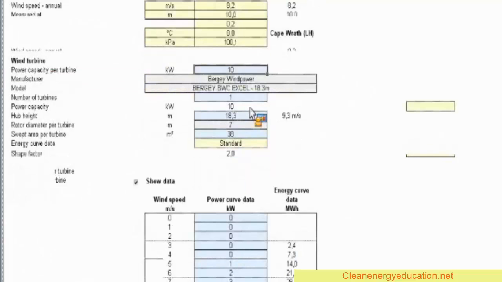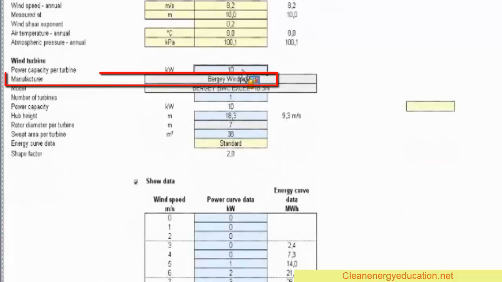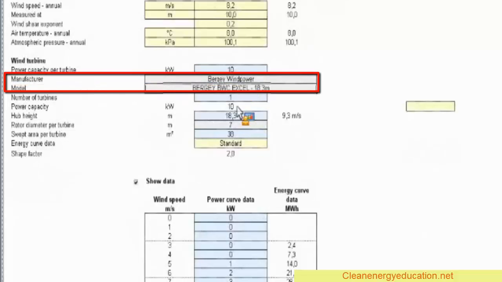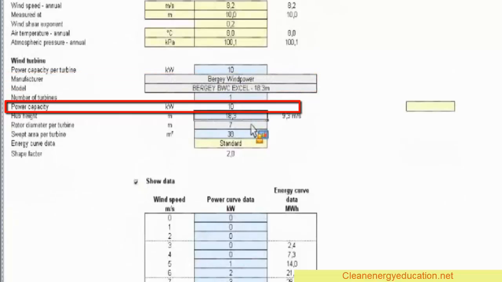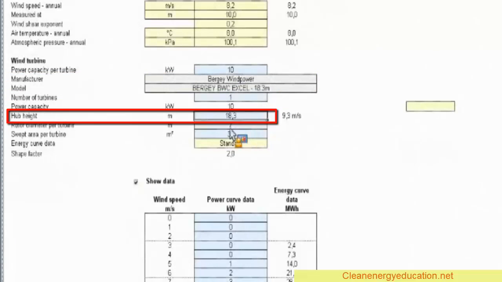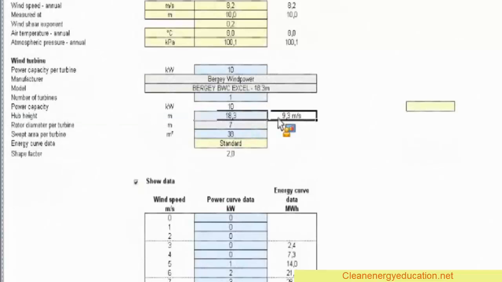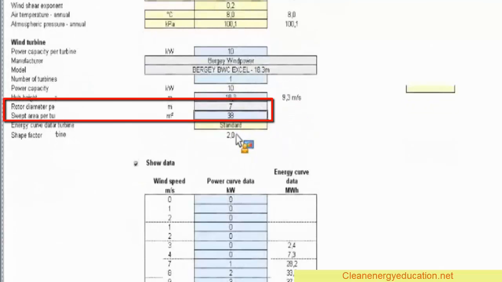Then we define, as we did previously, the nominal power of our wind turbine. We have chosen this model, 1 turbine, 10 kilowatts. The hub height is specified at 18.3 meters, so in this case we can benefit from a higher wind speed. So we have the area per turbine.